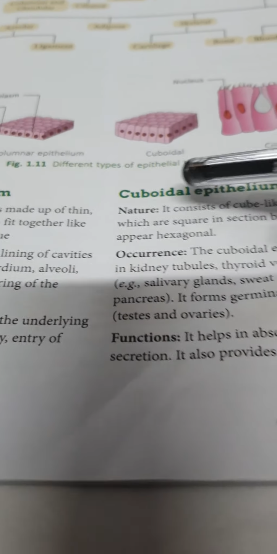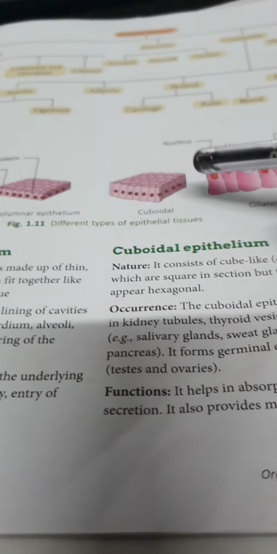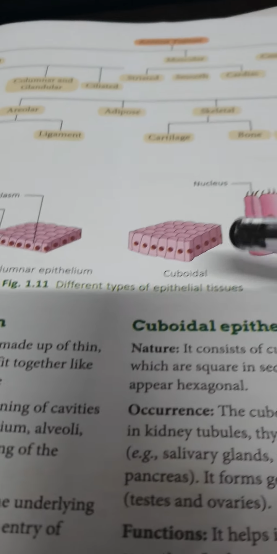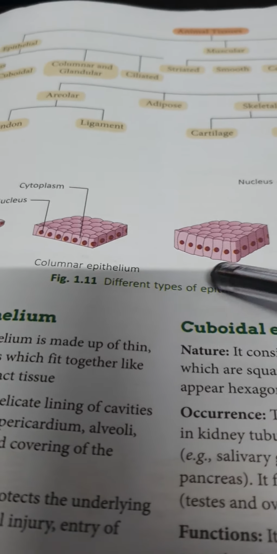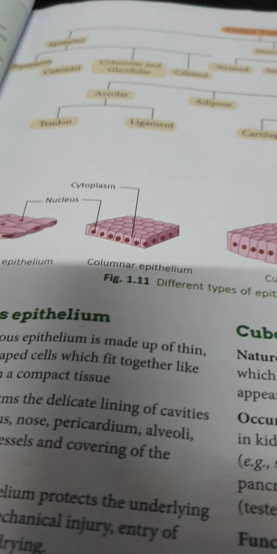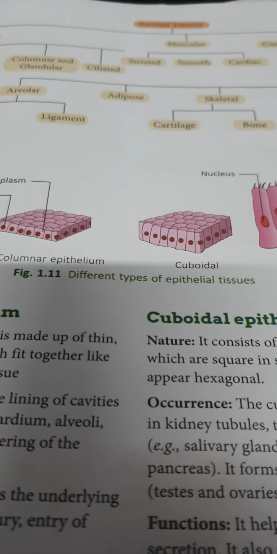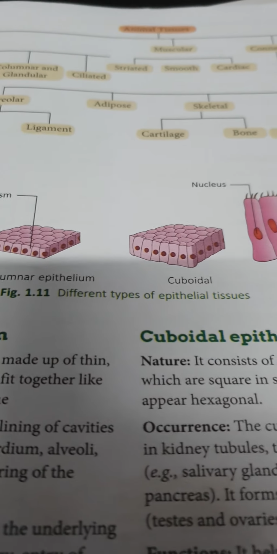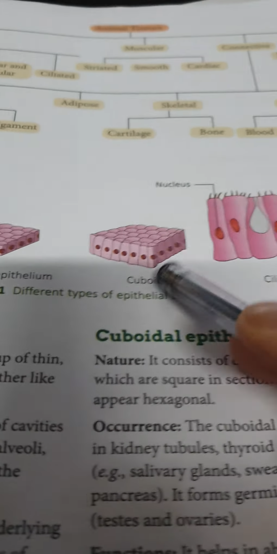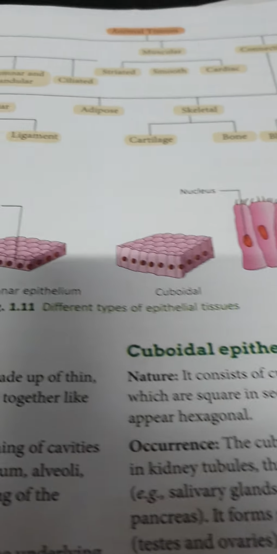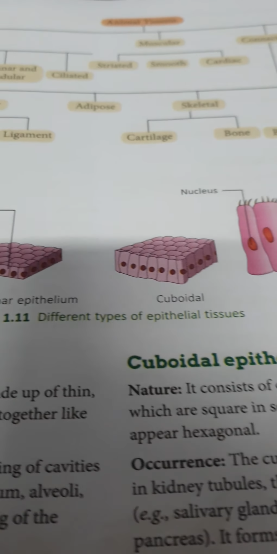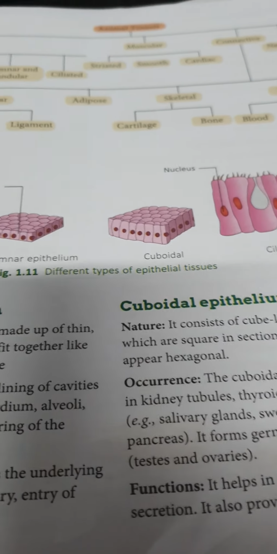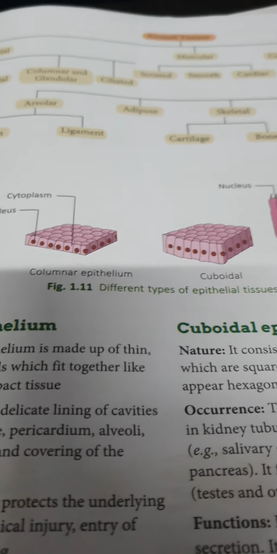Cuboidal is like a cube, or you can say a square shape. It occurs in the salivary glands, sweat glands, and exocrine pancreas. Means everywhere where there are glands, cuboidal tissue is found. Its function is to help in absorption, excretion, and secretion.